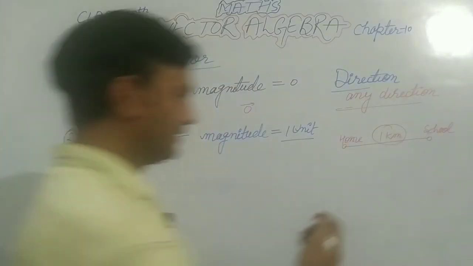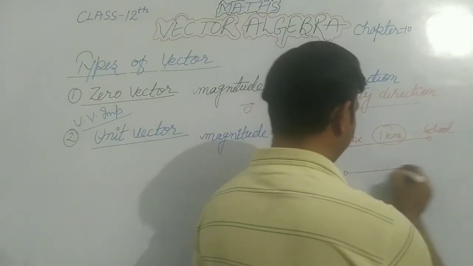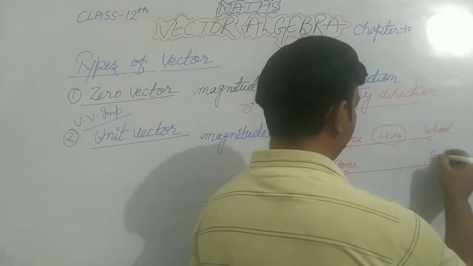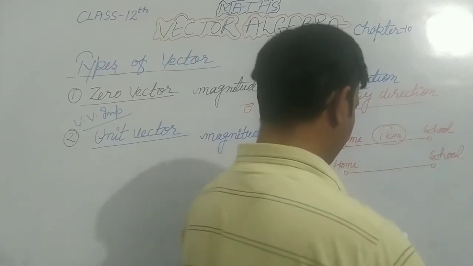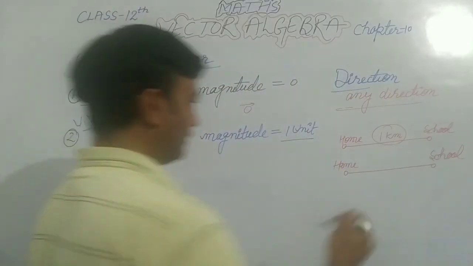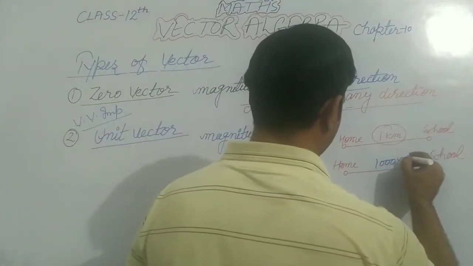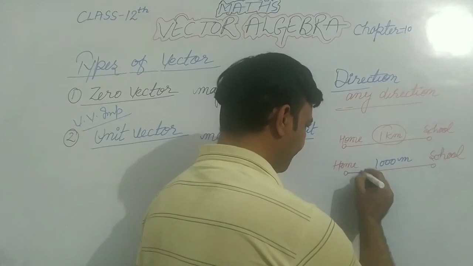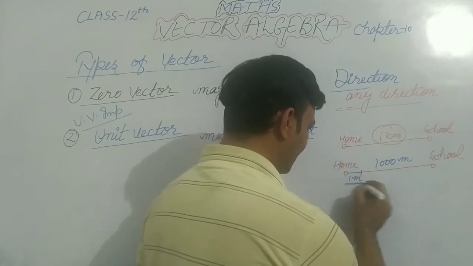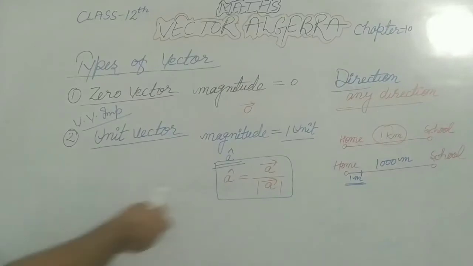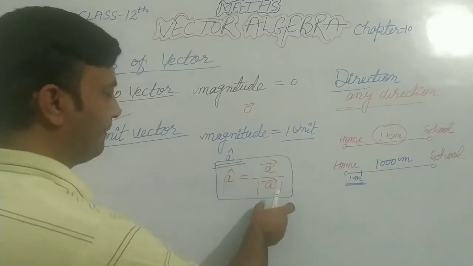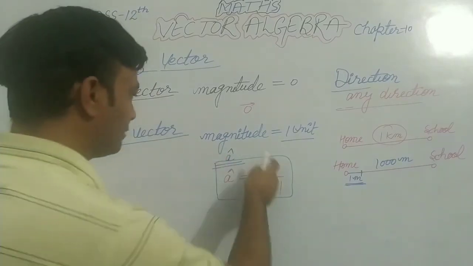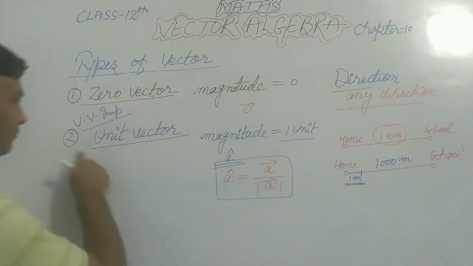And if we take this distance in meters, the distance from home to school is 1000 meters, so 1 meter is a unit vector. We denote it a cap, and a cap equals a vector divided by a magnitude. If we find the unit vector of a given vector, we apply this formula. So it is a very important concept.